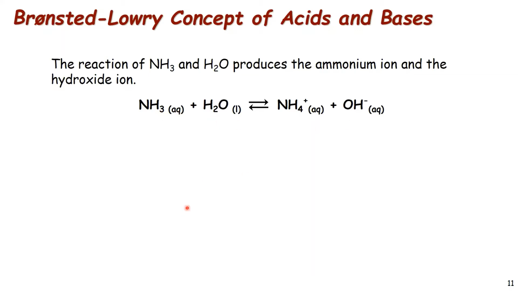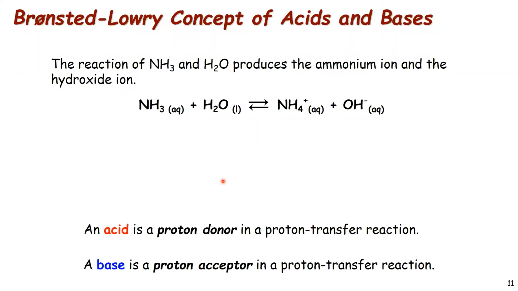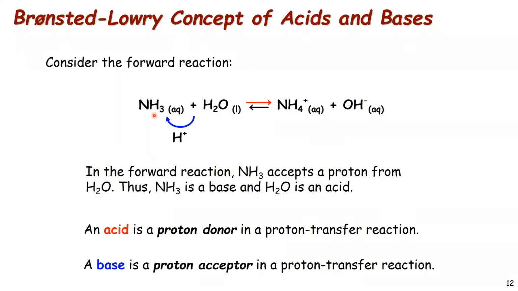And basically what you can see is that the water is giving up a hydrogen ion to ammonia. So there's a lone pair on this nitrogen, as we're going to find out later on.